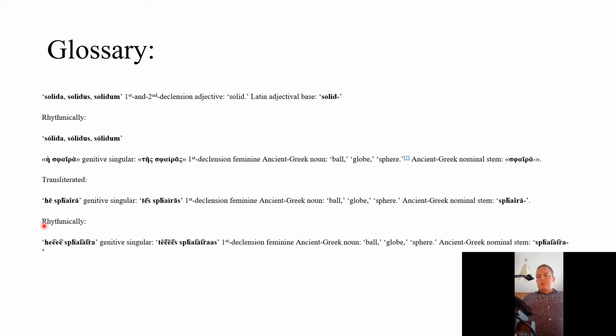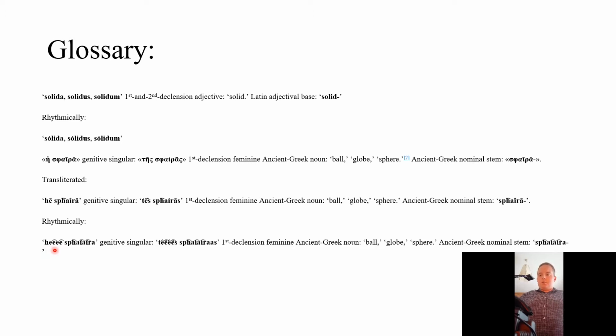And rhythmically, I find that by writing words out this way, it helps me to pronounce long syllables twice as long and short syllables for one beat or mora. A short syllable is one mora in length, whereas a long syllable is two morai in length.